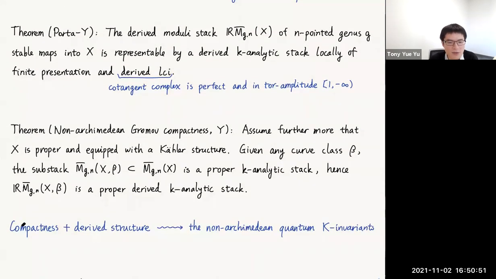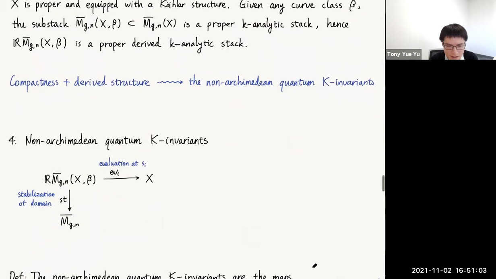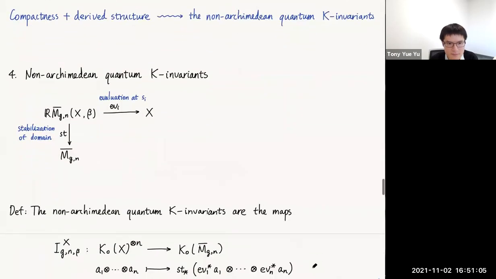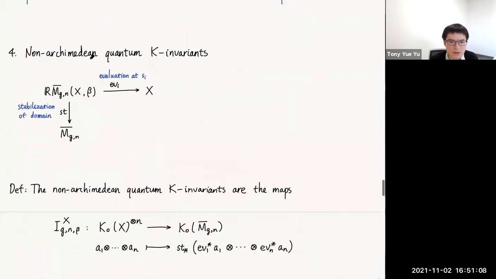And combining properness with derived structure, we obtain immediately the non-Archimedean quantum K-invariants as follows. So now we just forget about the classical moduli space. We just work with the derived one, and we consider evaluation maps and stabilization maps directly at the level of the derived space.